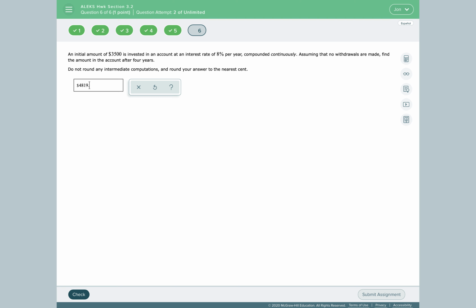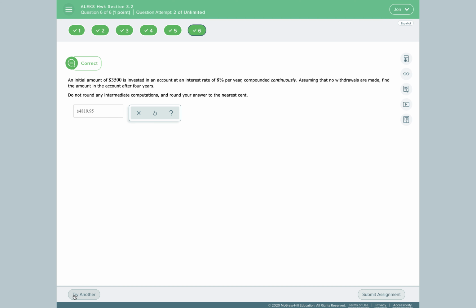And checking 4819.95, the result is correct.